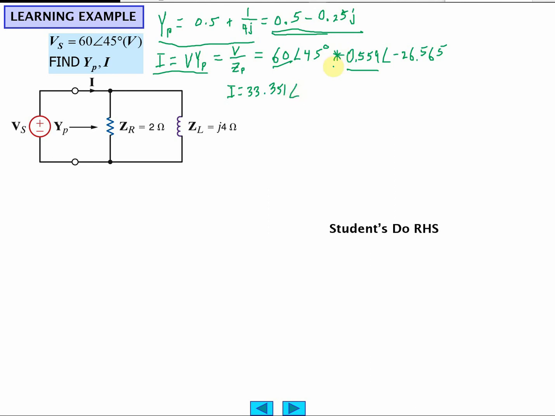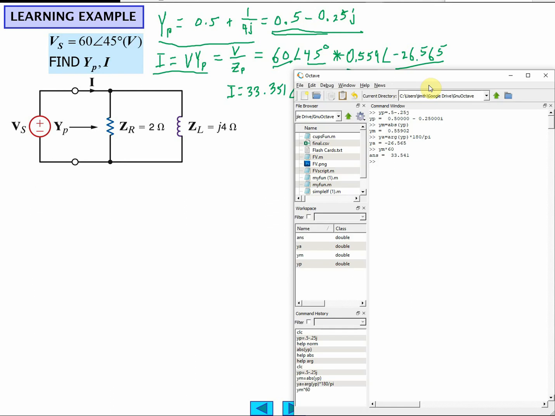The angle would just be 45 plus the negative 26.565, so it's 45 plus the argument variable. There we go, 18.435.